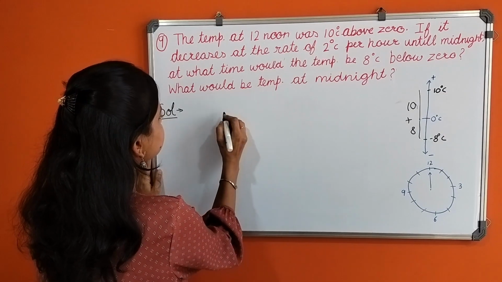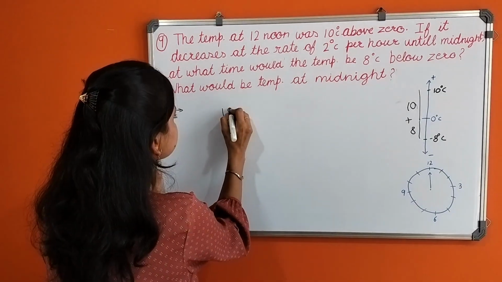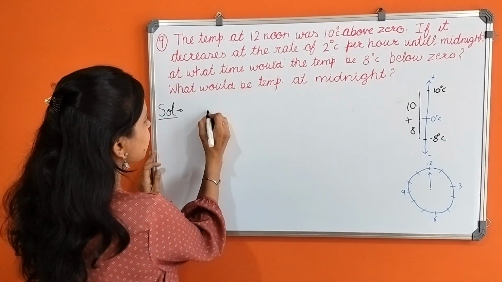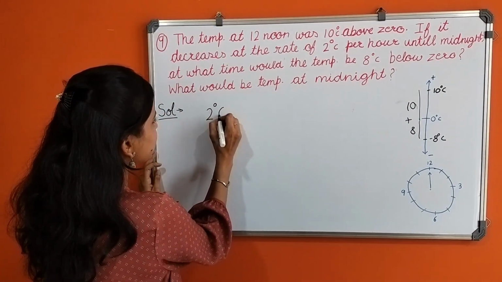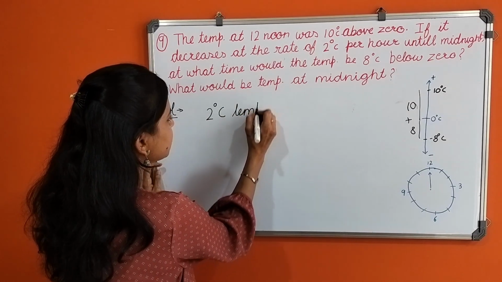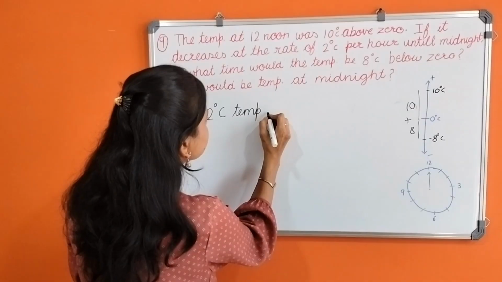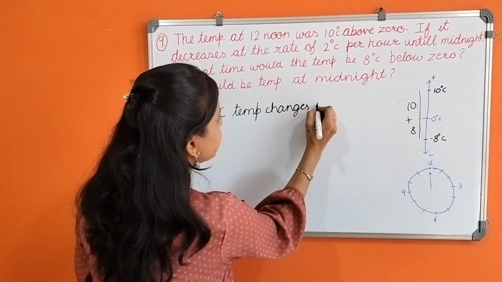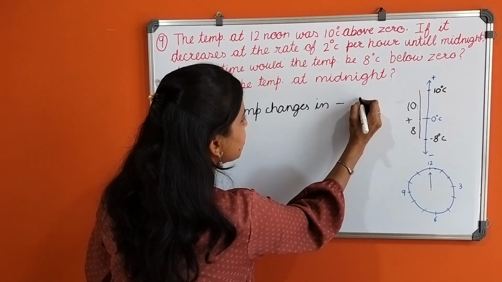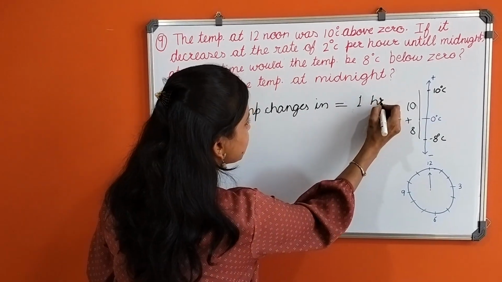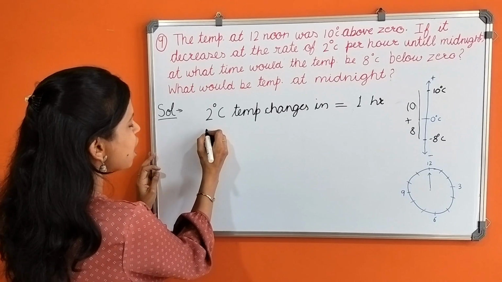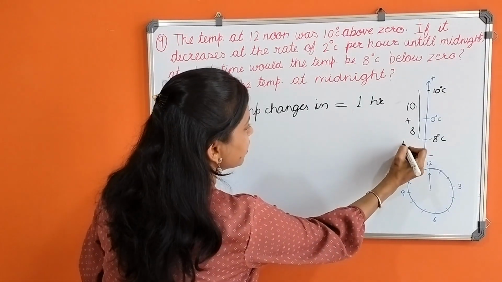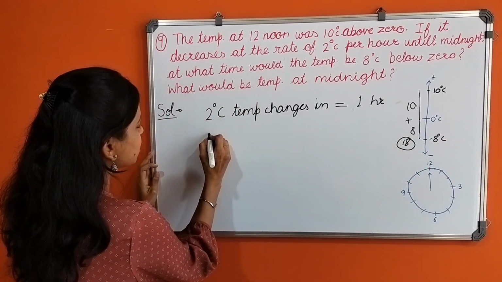So, how will we find in how many hours? 2 degree temperature changes in 1 hour. Okay. So, how much total change is there? 10 plus 8, 18 degree changes.